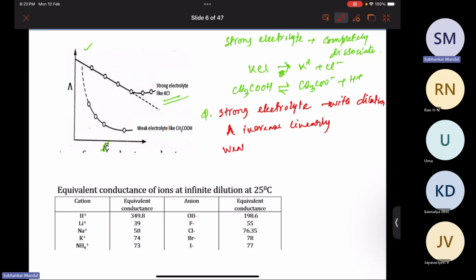Weak electrolyte: with dilution, after some time it increases rapidly.